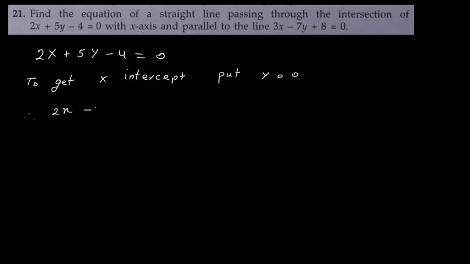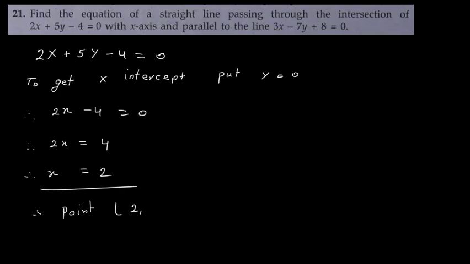So we get 2x - 4 = 0, therefore 2x = 4, and therefore x = 2. So the point will be (2, 0).